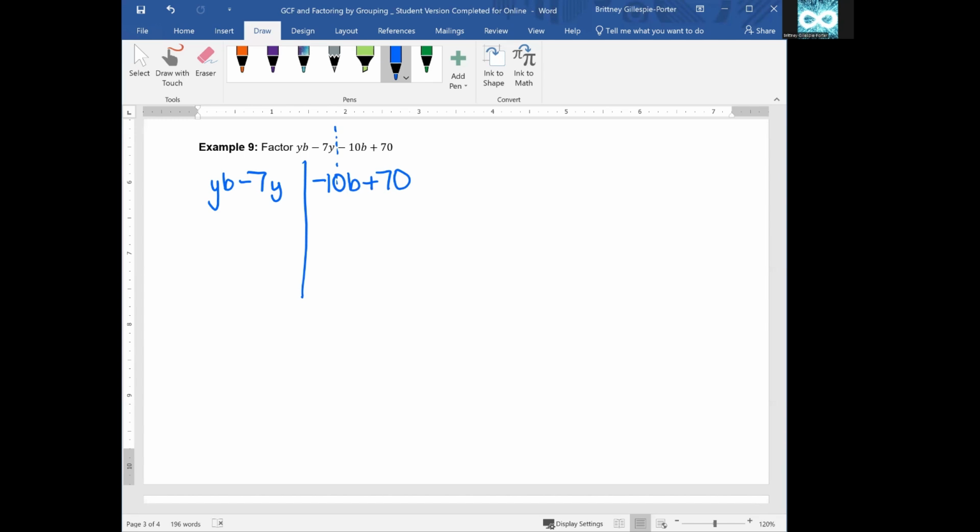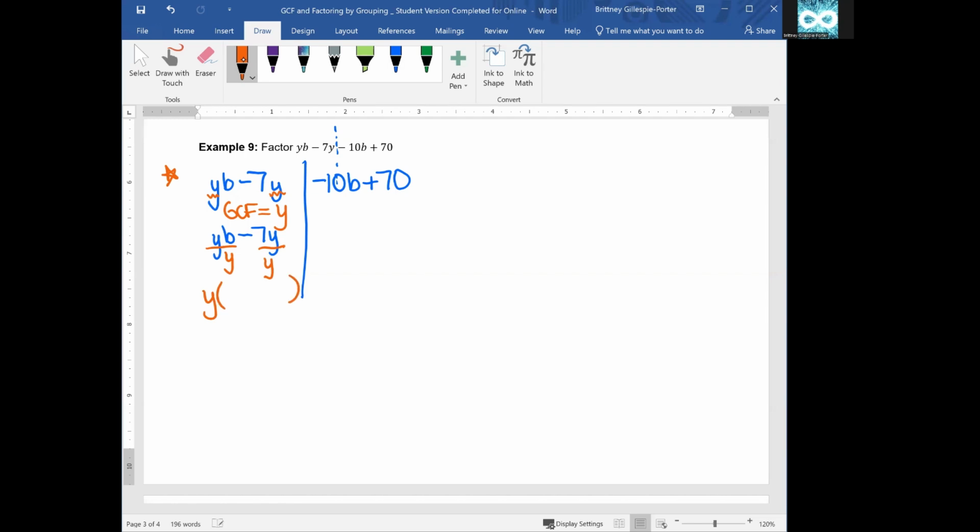Looking on the left-hand side with the Montagues, they do not have a number in common, but a y shows up in both terms. When I'm factoring this out, and remember you can skip this step if you're starting to get the visual, we are going to be dividing out our GCF of y.